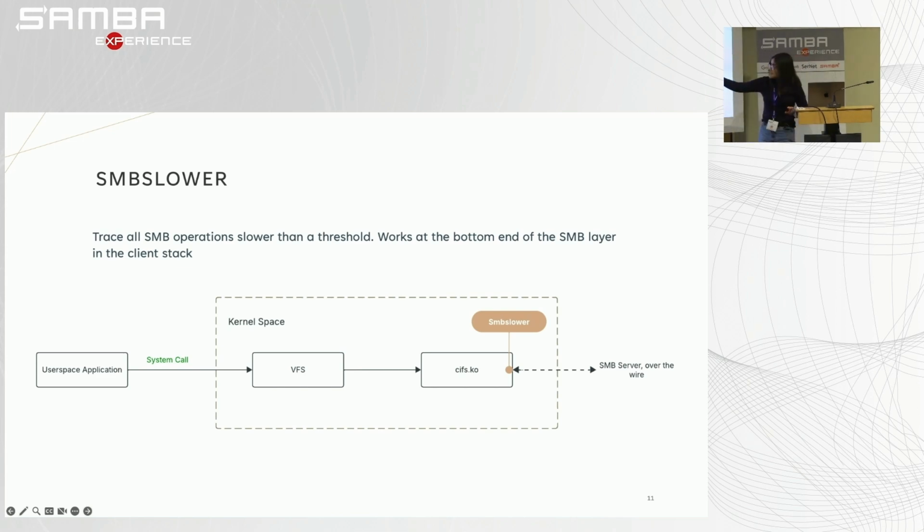So there's a user space application which performs a system call. It enters the kernel space and gets routed to the VFS. The VFS makes some calls to cifs.ko. And once the request is ready to be sent to the server, smbslower is going to trace the latency, basically the time taken from when the client sends a request to the server until the response is received back. That is what smbslower is going to track.